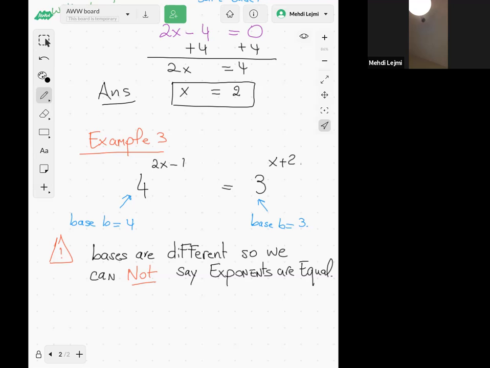So how do you solve such an equation? The problem with this equation is that your x is in the exponent, in the power. So you need to bring down your x, because if x is in the exponent, you cannot really solve your equation. So the idea to solve such an equation is to bring down the powers.